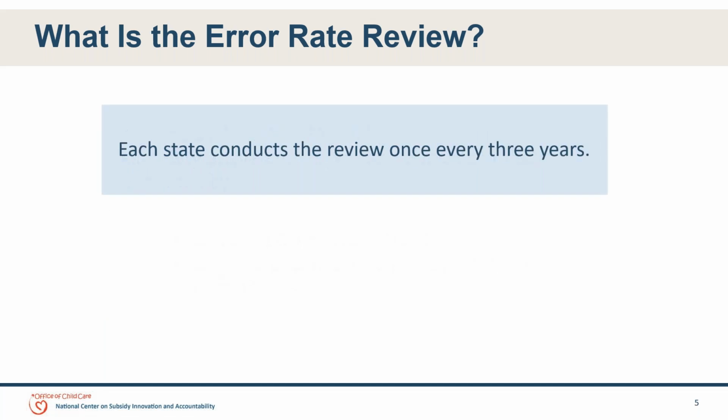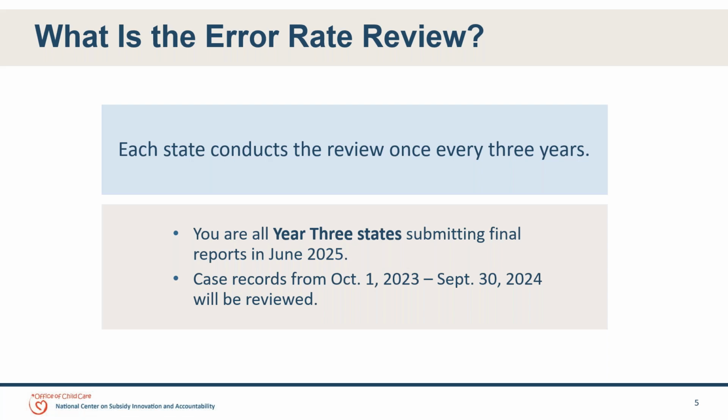Each of the 50 states, plus Puerto Rico and DC, conduct the error rate review once every 3 years on a rotational cycle. We have 3 cohorts of states, and everyone on this call is in the Year 3 cohort. And you'll be reporting on your errors in June of 2025.